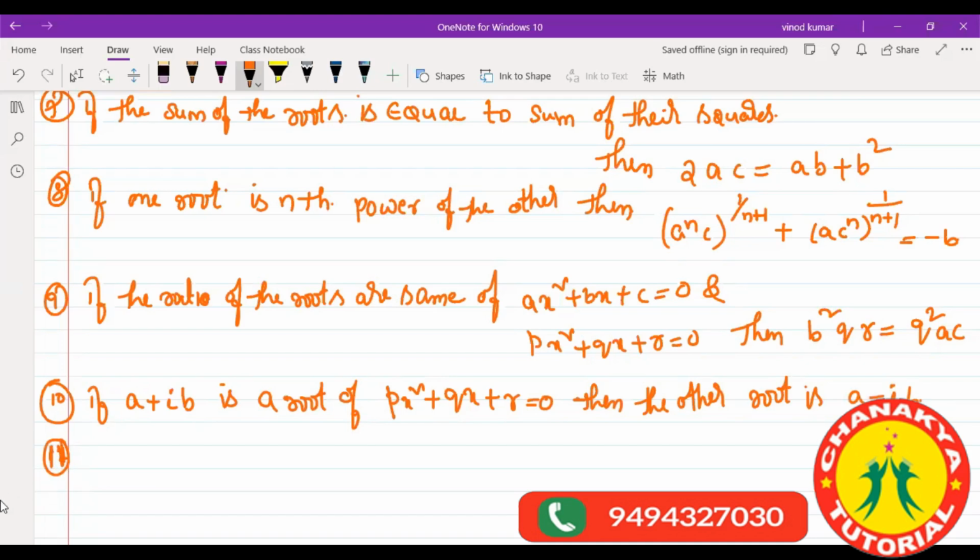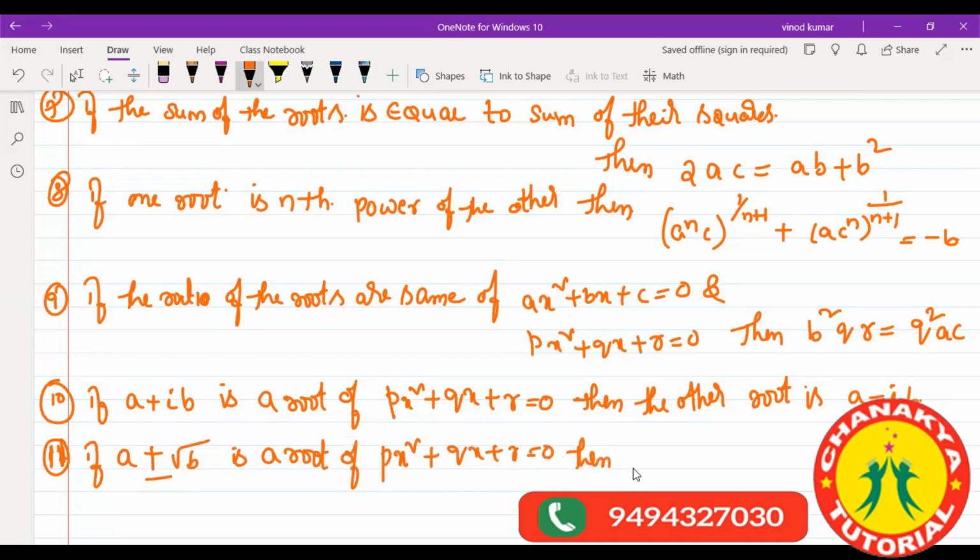Roots are a plus ib and a minus ib, right? Okay. Next, if a plus root b or minus root b is a root of px square plus qx plus r equal to 0, then the other root is a minus or plus root b.